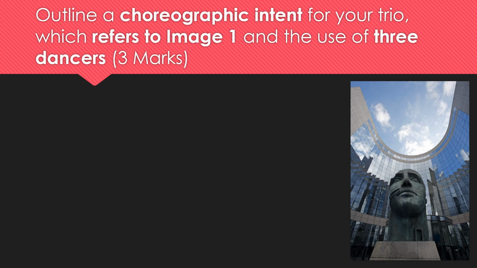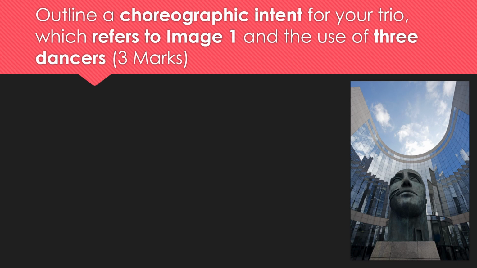So we're going to look at question 1. Outline a choreographic intention for your trio, which refers to image 1 and the use of the 3 dancers. Lots of information in there, so let's just break that down. A choreographic intention is what you want to show the audience, the dance idea.